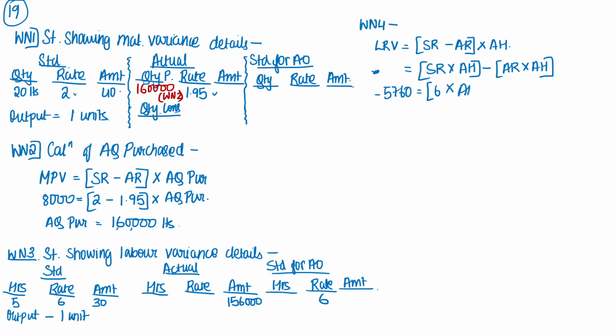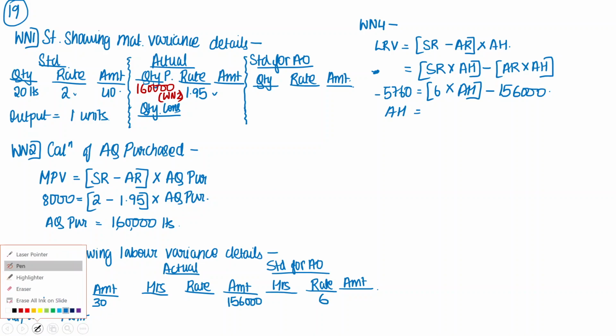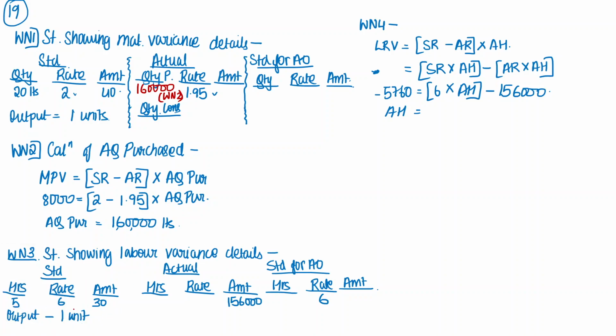Standard rate 6. Actual hours we don't have. Minus actual rate into actual hours, how much is it? 1,56,000. So what is the actual hours? 25,040 hours.